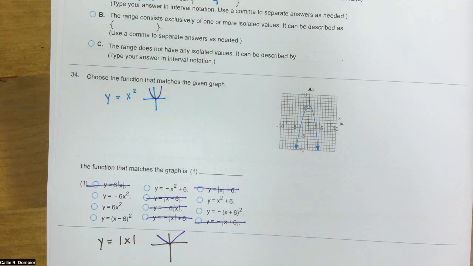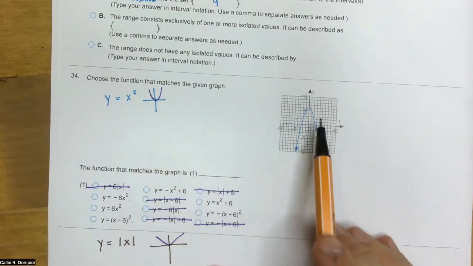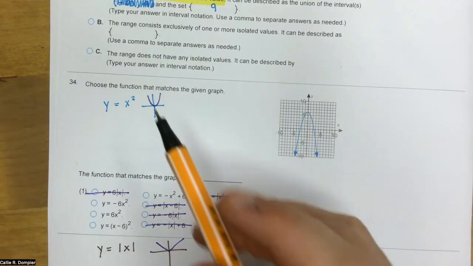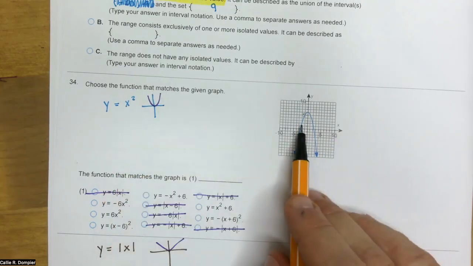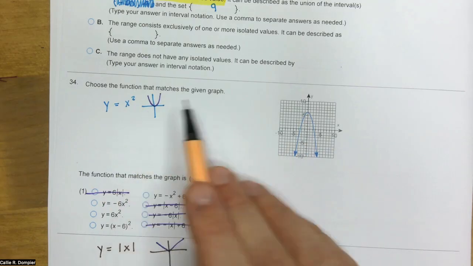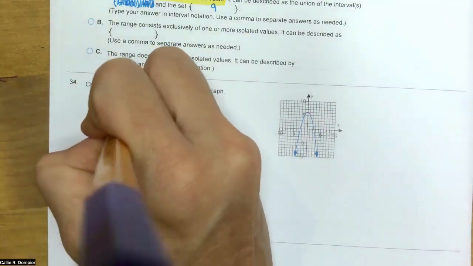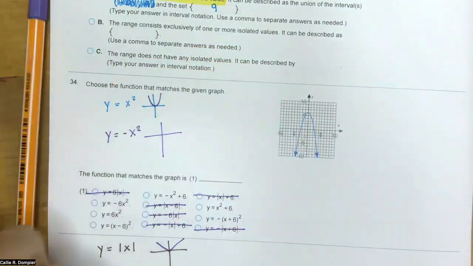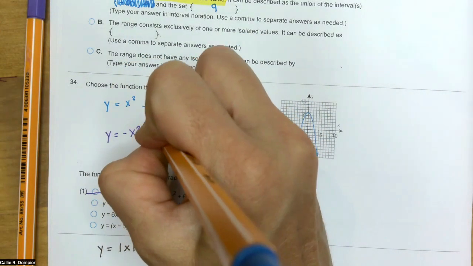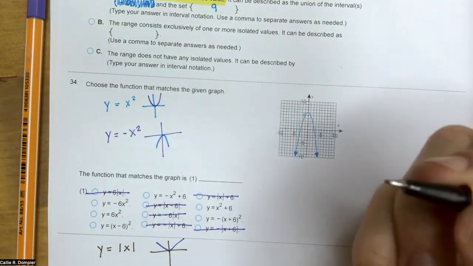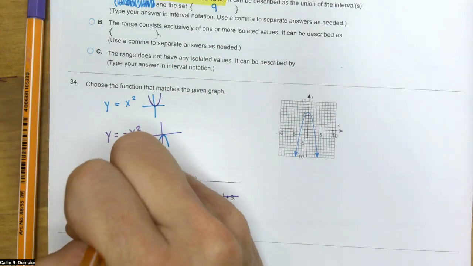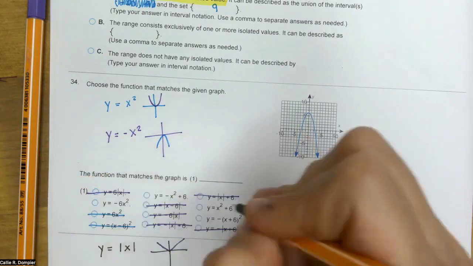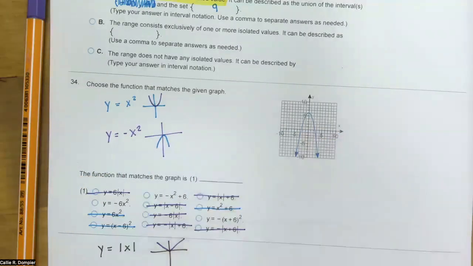So what do we see in our multiple choice options if you're still not sure which one of these it is, right? Y equals x squared opens up. This one opens down. How do you get from opening up to opening down? Negative x squared is going to give you that same graph, but opening down. So I'm going to eliminate any that don't include the x being negative.